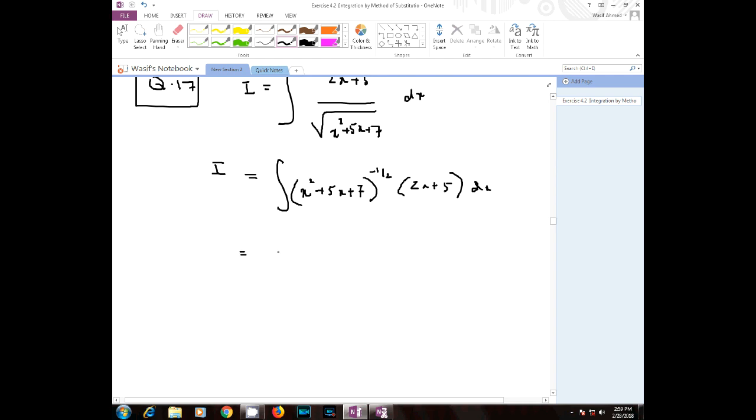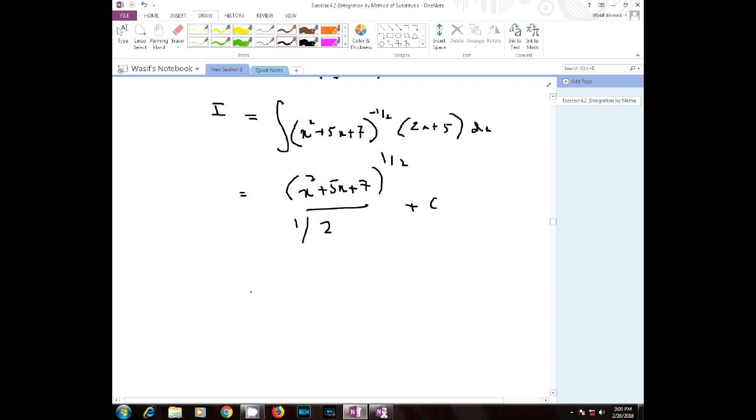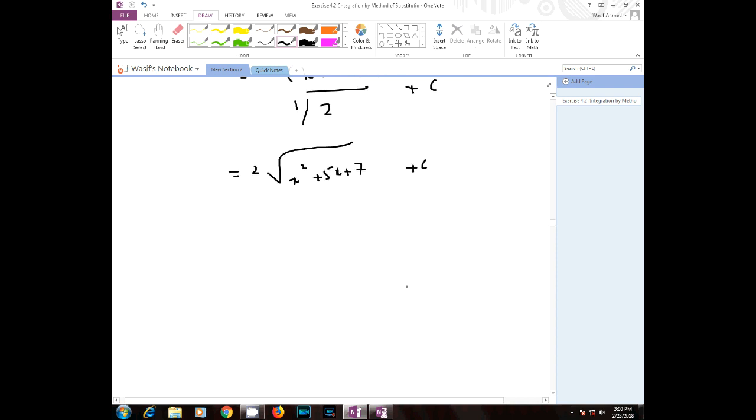Therefore you can directly apply the power rule of the integrals. x squared plus 5x plus 7 raised to the power minus 1 by 2 plus 1, that is 1 by 2, and you have to divide by 1 by 2, plus constant of integration. This is the answer, which can be written as 2 square root x squared plus 5x plus 7 plus constant of integration.